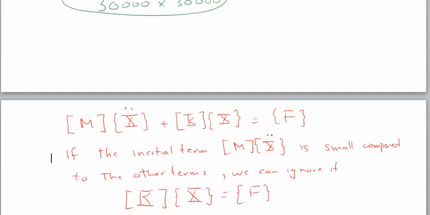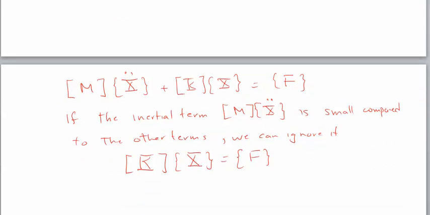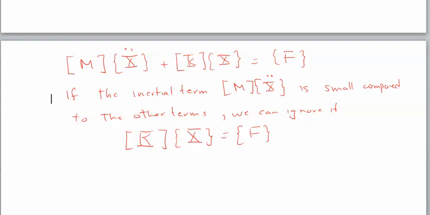Okay? And this is what we call a static problem. I don't want you to get the impression that dynamic means there is time and static means there is no time. Dynamic means the mass times acceleration is important.